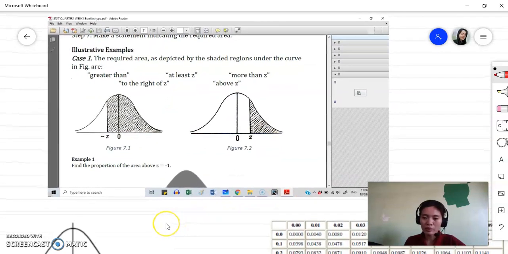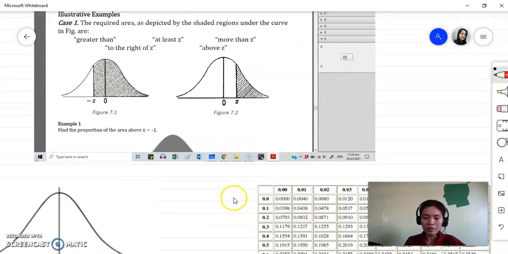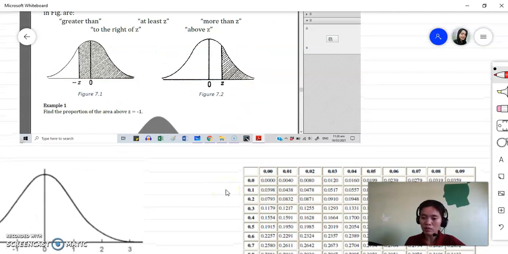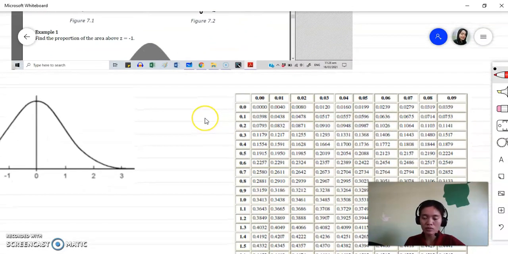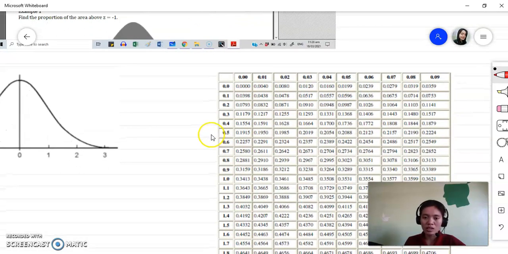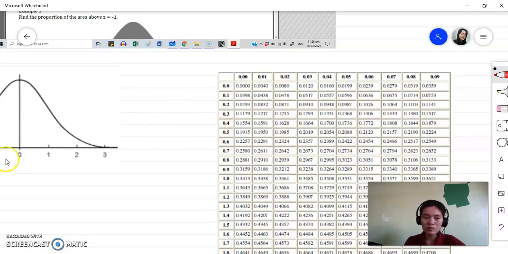In our solution, we're going to either subtract or add 0.5 to get the required area. Why 0.5? Because the z table that we're going to use is the z table from 0 to positive 3.